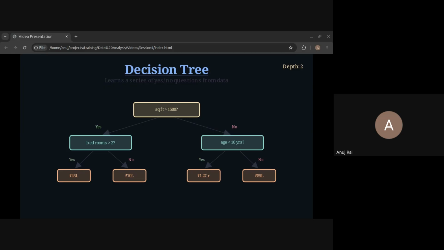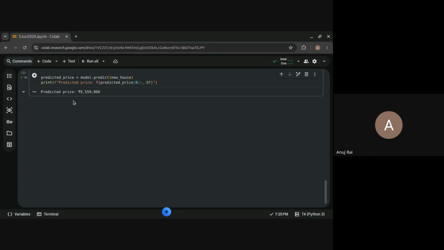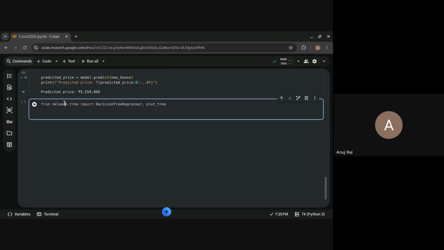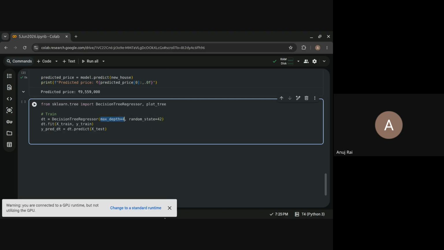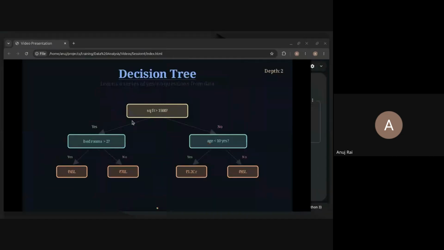So here, let's use the decision tree. For that, we will use sklearn tree, DecisionTreeRegressor, and here the process is the same. Maximum depth: basically, how many decision levels it has to go under.